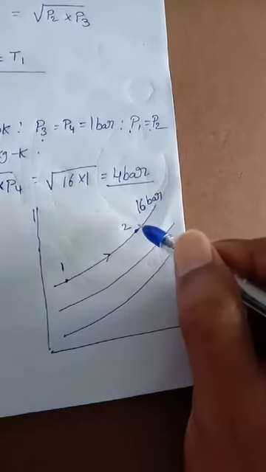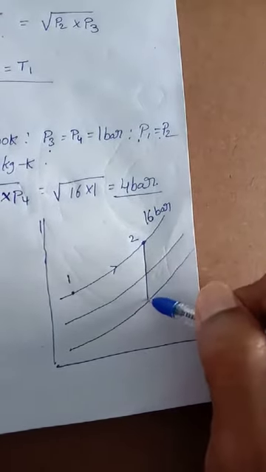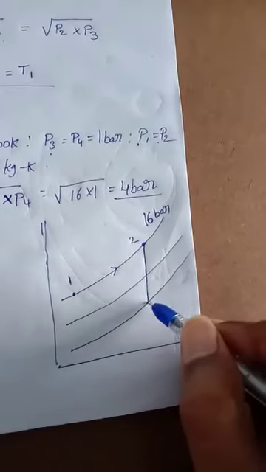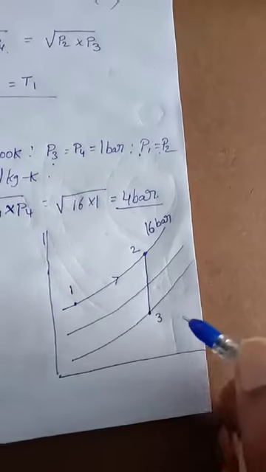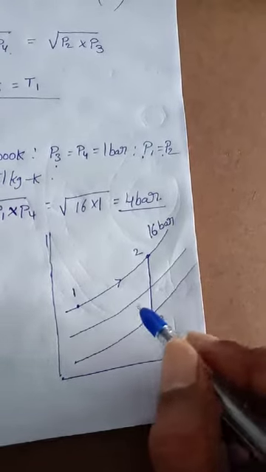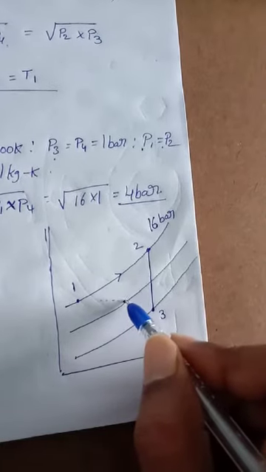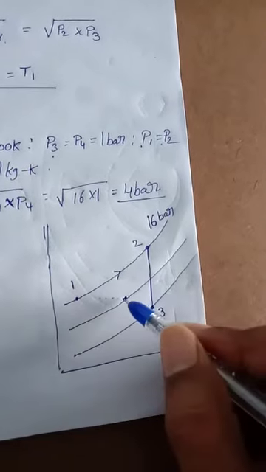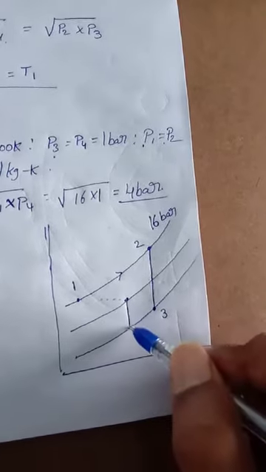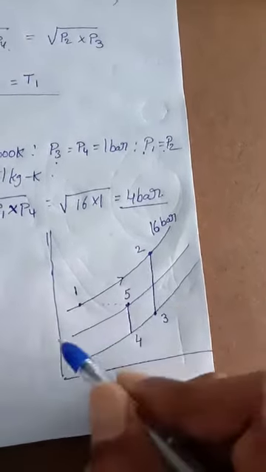And now we are going to see here 2 to 3. Okay. And now we know very well this is 5. This is having 4. This is having 5.